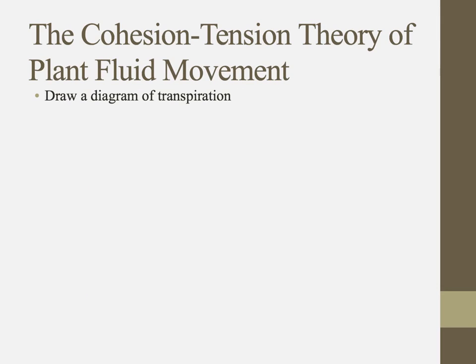Okay, so at this point, you should be able to draw a diagram of transpiration. At a minimum, you should be drawing, obviously, leaves, stomata, and I should see a xylem in there.